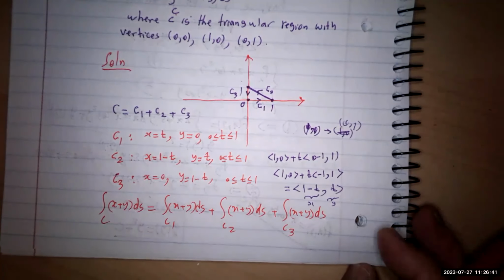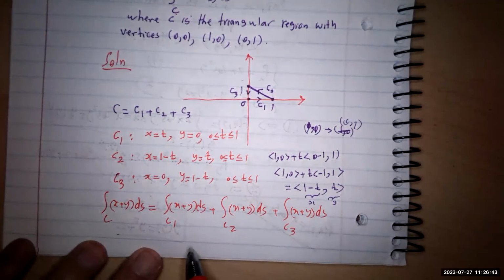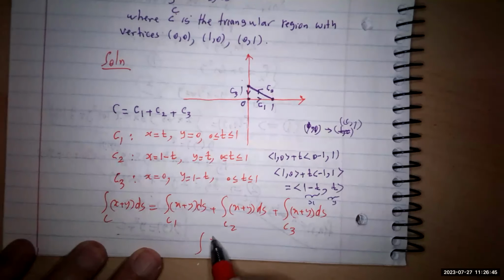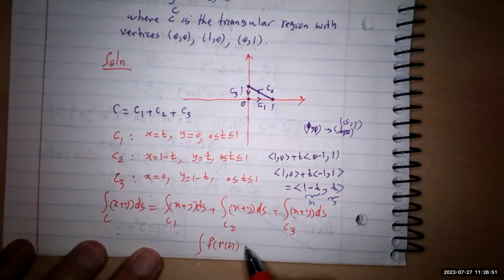For all of them, you are going to have the integral of f of r(t) times the norm of r prime of t, dt. This is the formula that you're going to use.